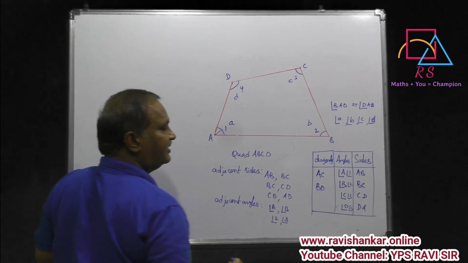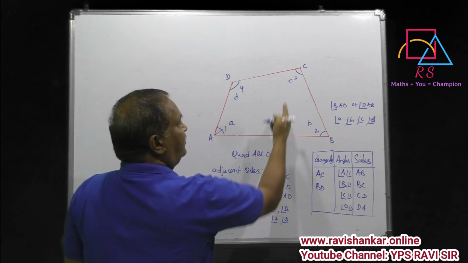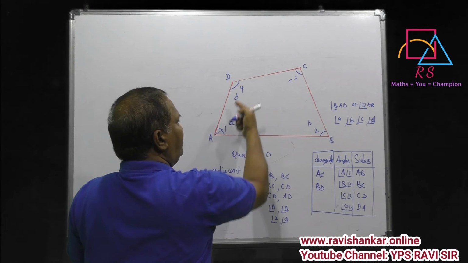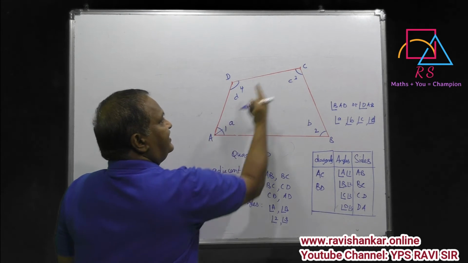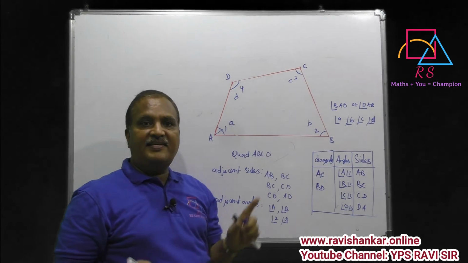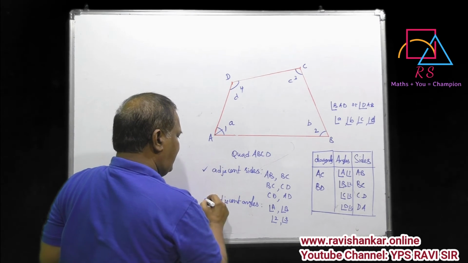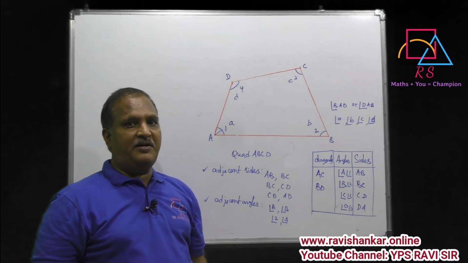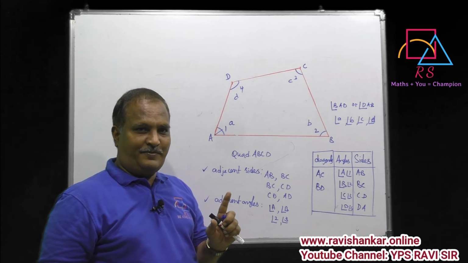So they are adjacent to each other. Now 3 and 4 are adjacent. 4 and 1 are adjacent. Angle D and angle A are adjacent. Angle C and angle D are adjacent. Angle B and angle C are adjacent. These are adjacent angles. Very, very important. Please all of you remember what adjacent angles are and what adjacent sides are.